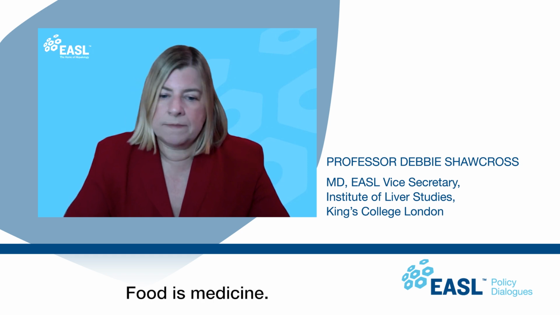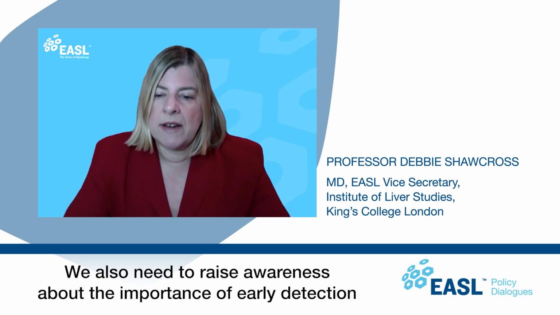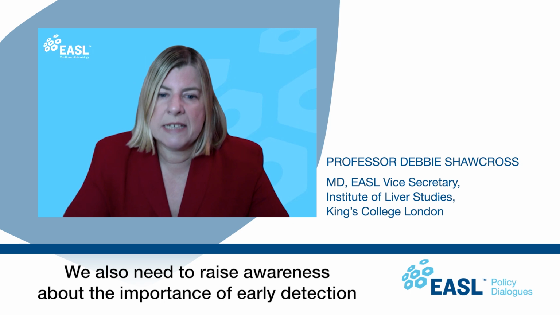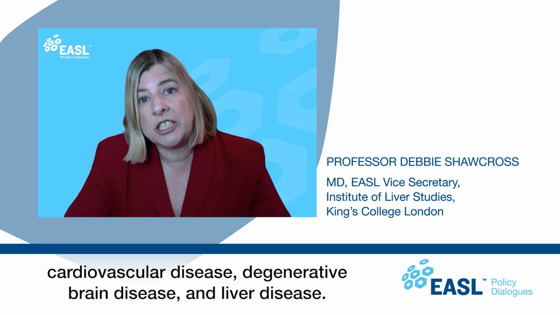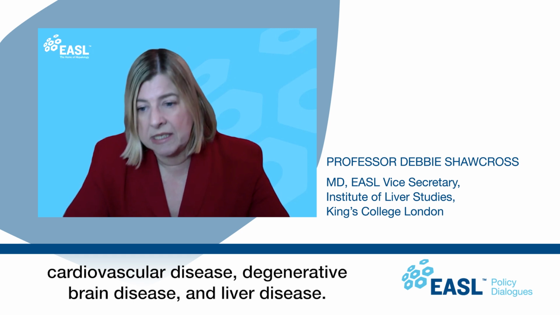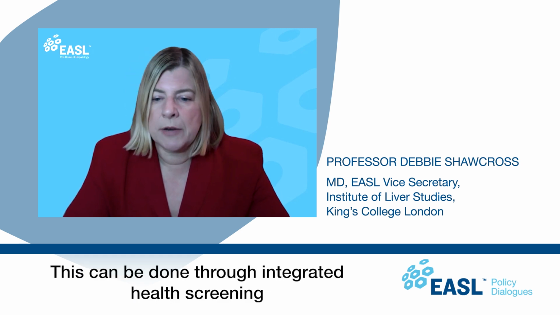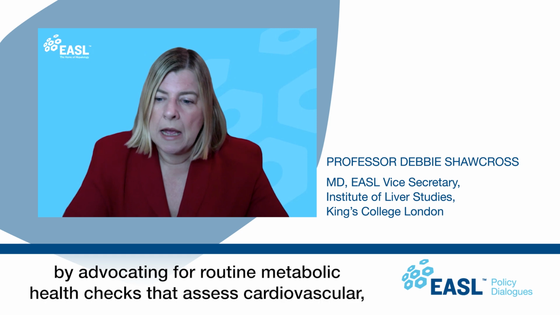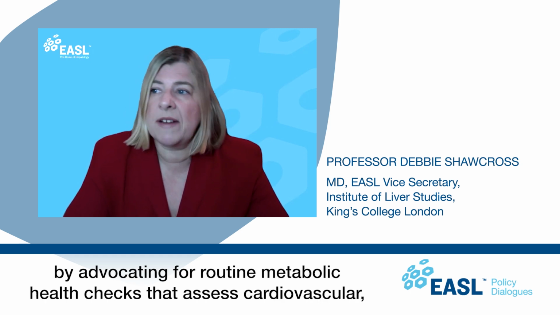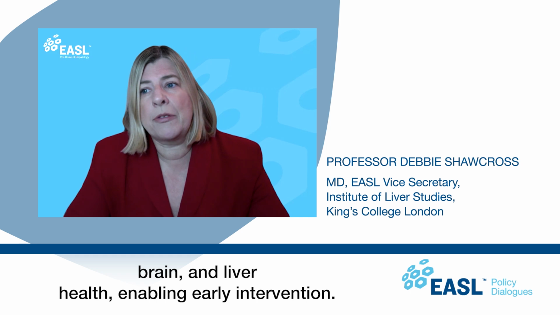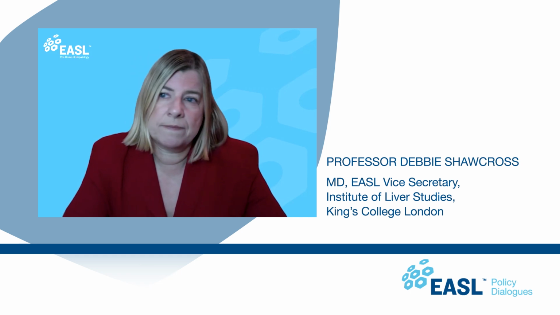Food is medicine. We also need to raise awareness about the importance of early detection and lifestyle changes that reduce risk factors associated with cardiovascular disease, degenerative brain disease, and liver disease. This can be done through integrated health screening by advocating for routine metabolic health checks that assess cardiovascular, brain, and liver health, enabling early intervention.